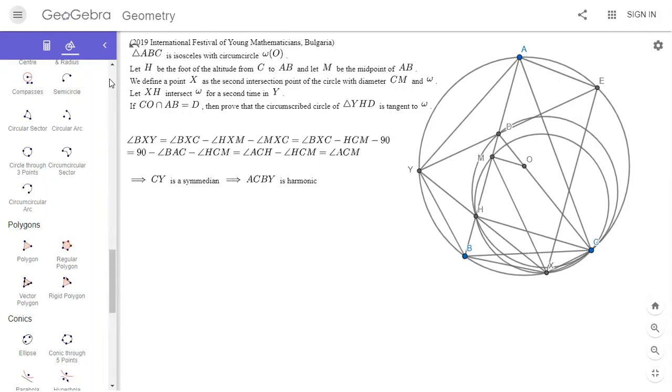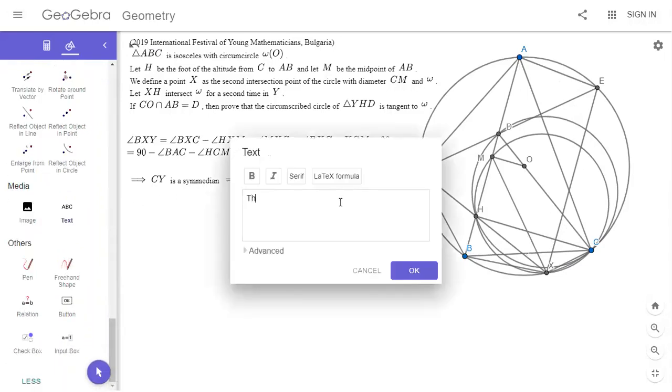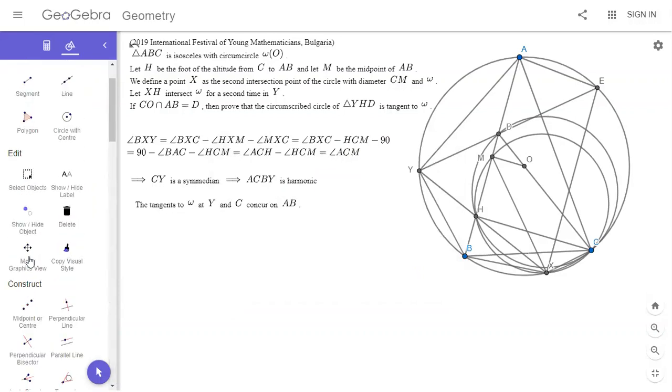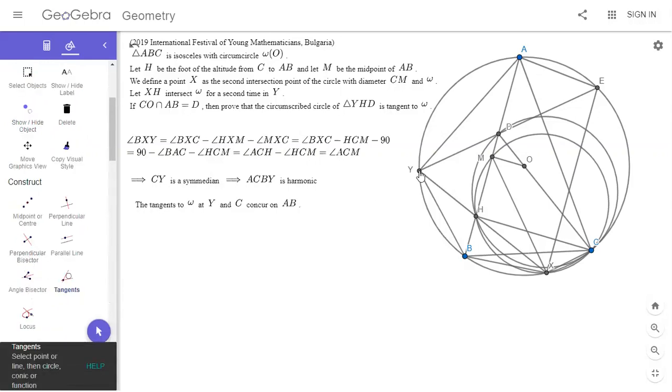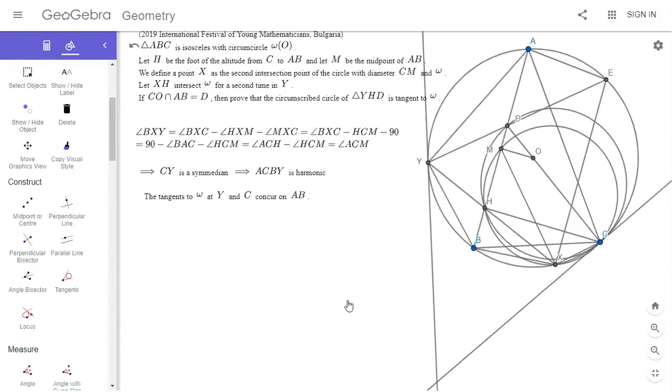Oh. All right. So hold on just a sec. So those two meet on AB.